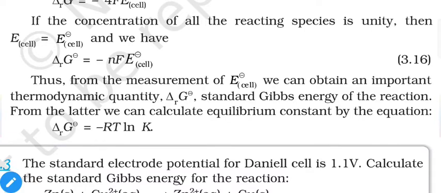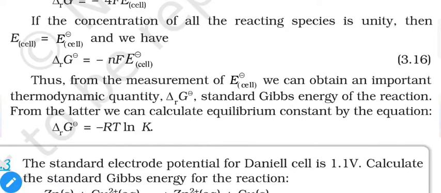And if we find both of them, later we can find the equilibrium constant, because delta G = -RT ln K. We already know this equation, which represents the relationship between delta G and K, that means thermodynamics and equilibrium. So as we can see, all of these equations are related to each other.